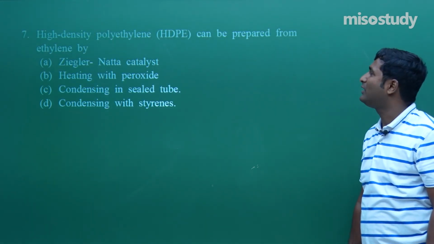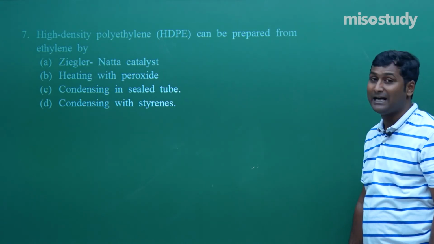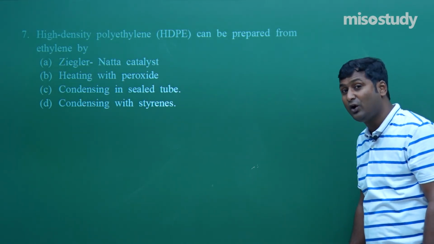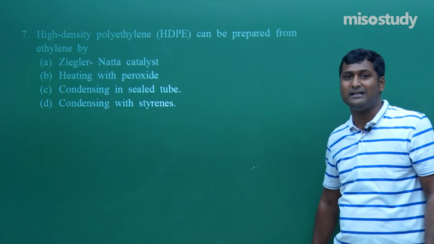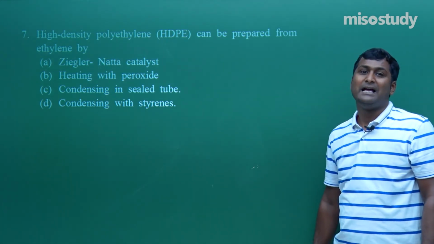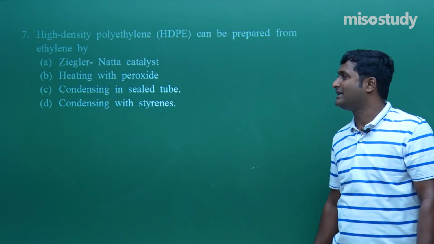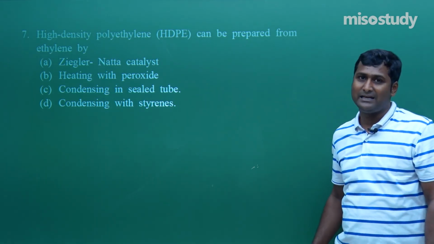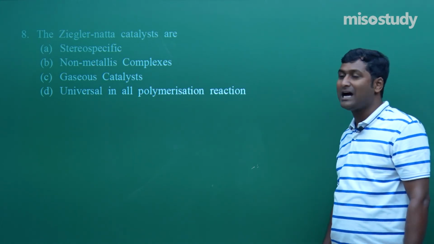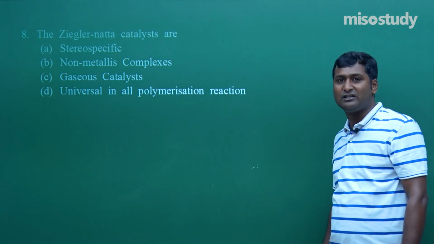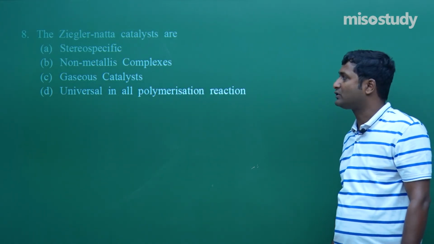High density polythene can be prepared from ethylene by using a stereospecific catalyst, and this stereospecific catalyst is nothing but a Ziegler-Natta catalyst. So for question number 7, A is the correct option. Now for question number 8, the Ziegler-Natta catalysts are stereospecific in nature. That is A is the correct option.